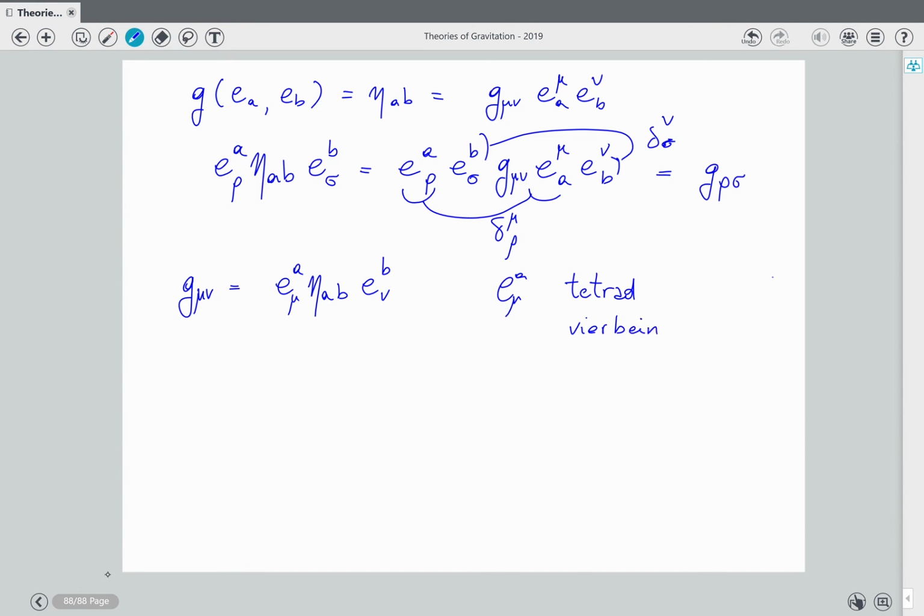For four dimensions, you can use Vierbein. And you can use it to convert space-time indices and flat space indices into each other, or to raise and lower indices.